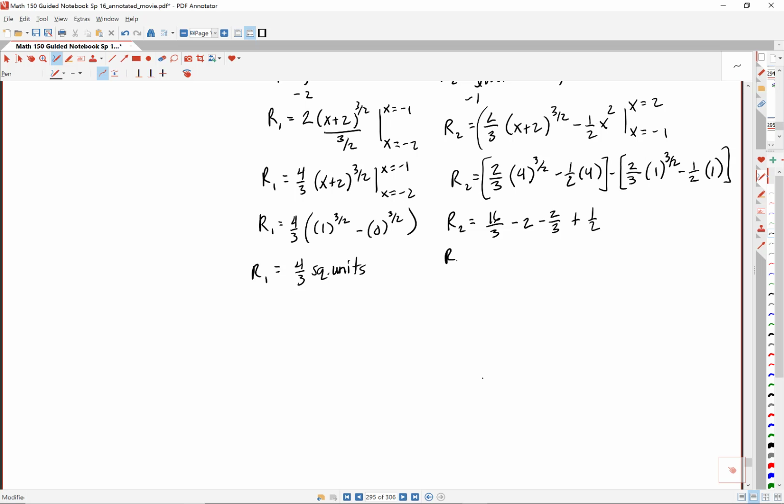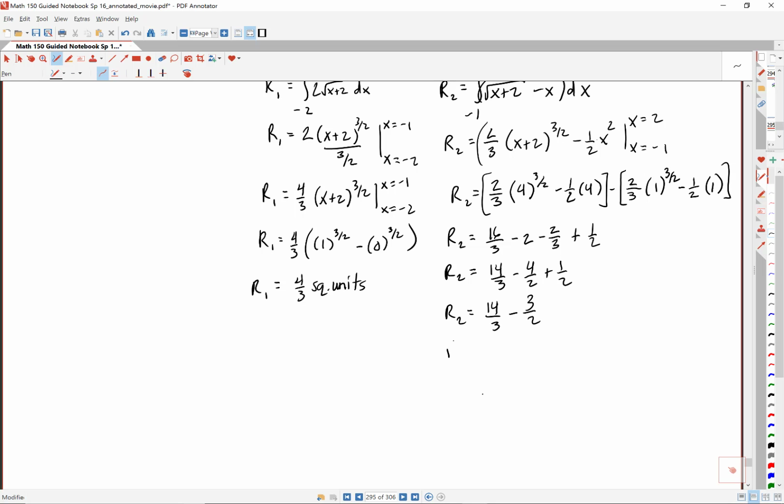So R2 will be 14/3 minus, I'll say 4/2 plus 1/2. So R2 is 14/3 minus 3/2. For R2, we'll have 28/6 minus 9/6, and we'll get region 2 is 19/6 square units.